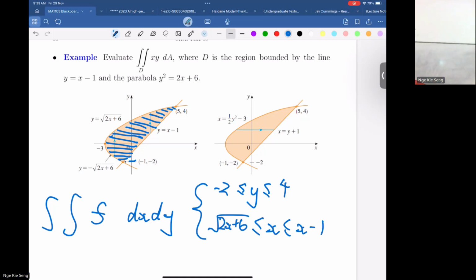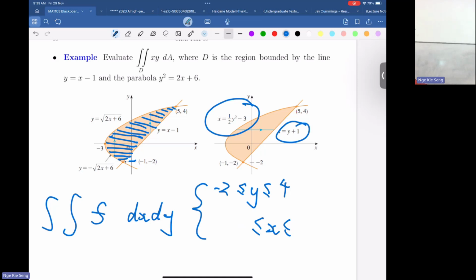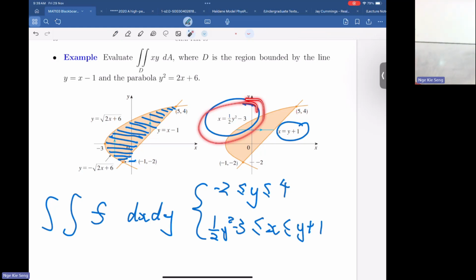Right? Oh, sorry, it's reversed, sorry. We should use this diagram, right? So on the left hand side should be half y square minus 3. And then on the other side is y plus 1. Okay. So do you know how to get this x equals half y square minus 3? Okay, so you just try and manipulate your graph here, your curve.